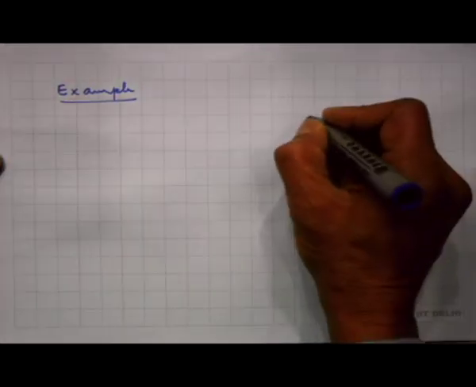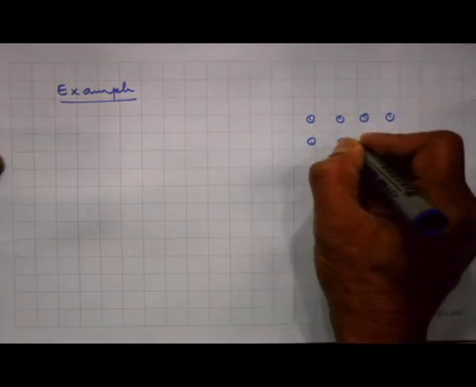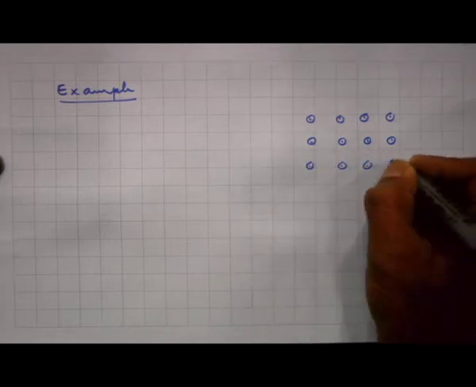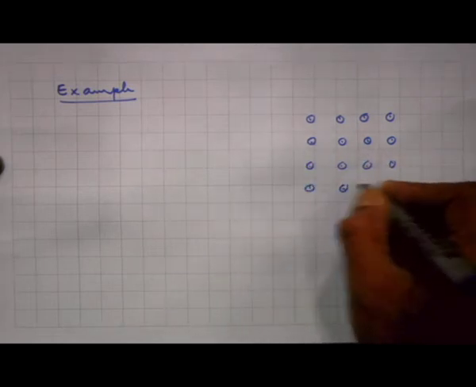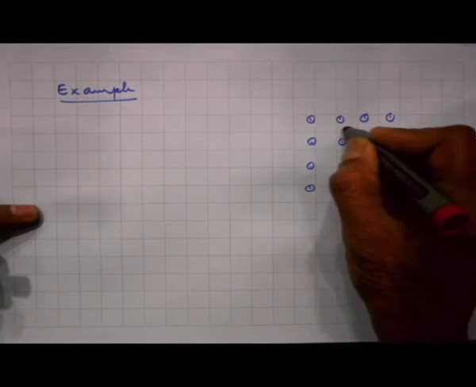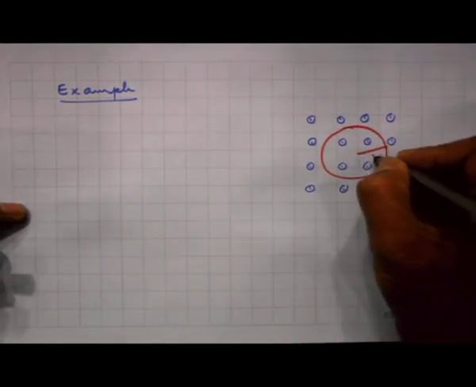Let me assume there is a uniform magnetic field pointing towards me. These are the tips of the arrows which are pointing towards me. In this field, let me consider a coil, a loop of wire of some radius r.